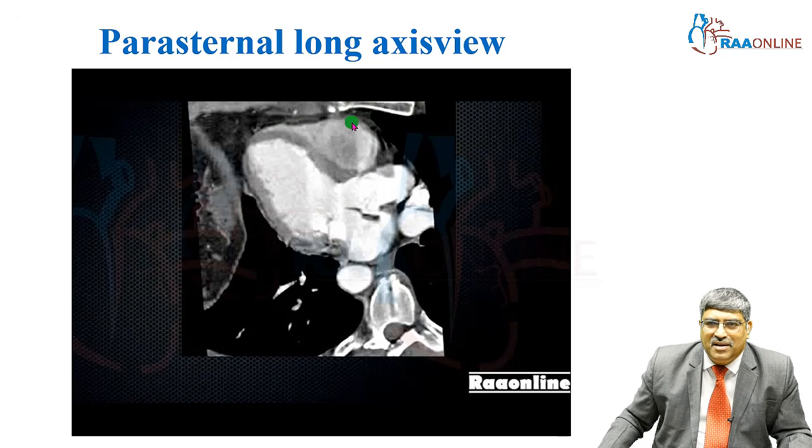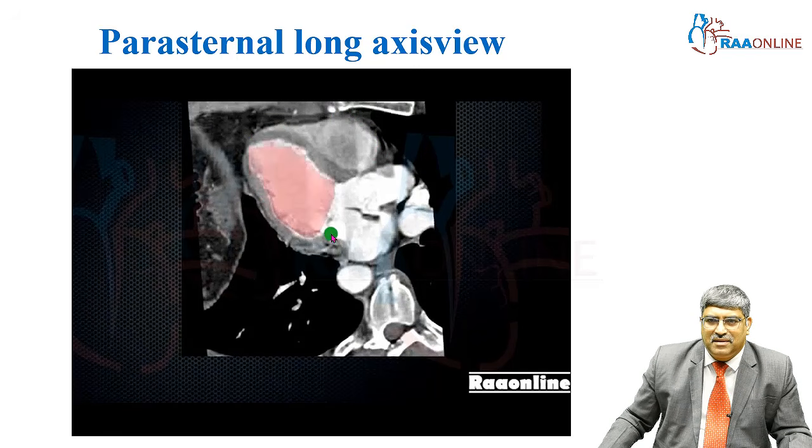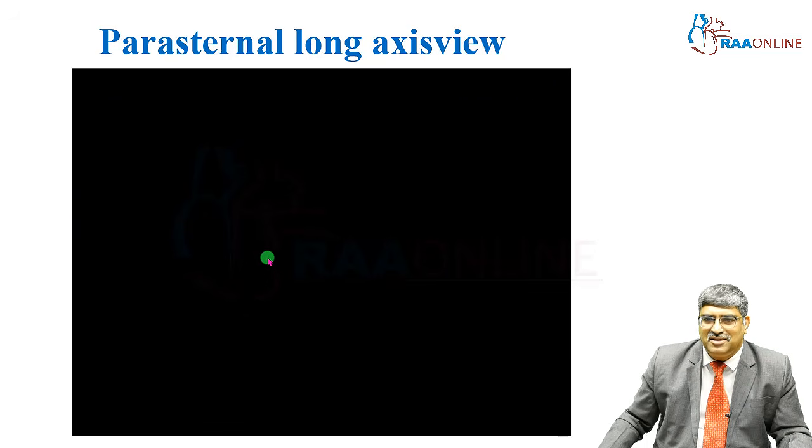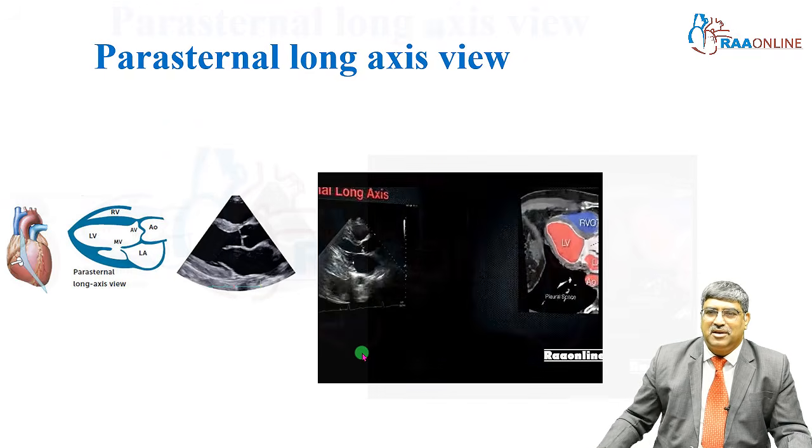Here you have the left ventricle. This is the left atrium and you have the mitral valve in between. This is the right ventricular outflow tract. This is the ascending aorta and this is the descending aorta, and here is the pleural space.